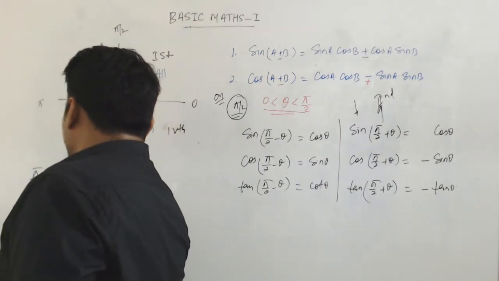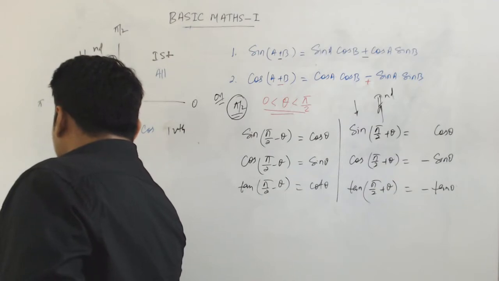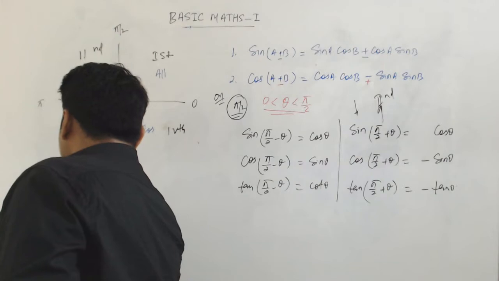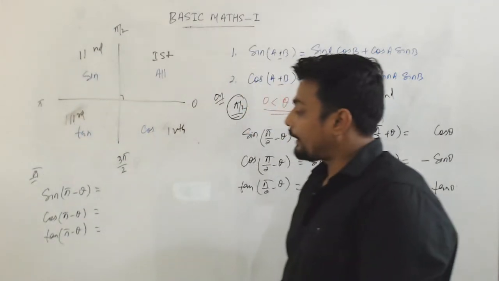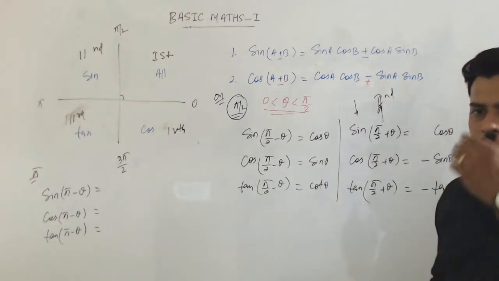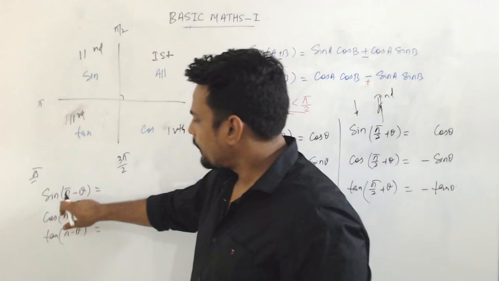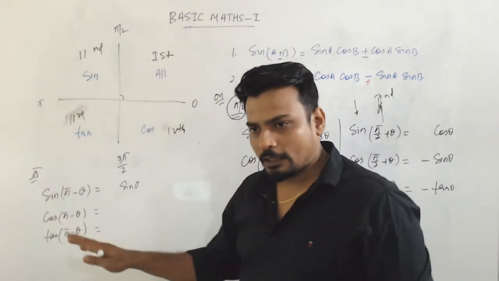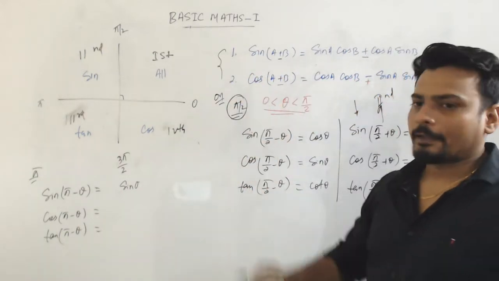So sine of pi minus theta, and likewise we'll have cos of pi minus theta, and then tan of pi minus theta. First I'm going to discuss pi minus theta. The minus theta is going to put it in the second quadrant, and in the second quadrant, sine is positive, so that will remain as sine theta. If you get any doubt over here, you can use these two formulae and things will be taken care of.